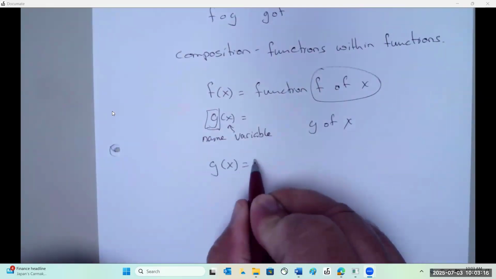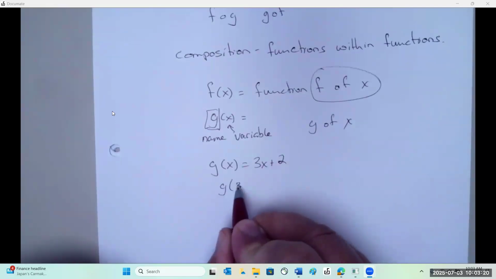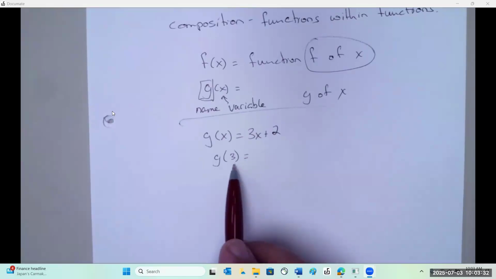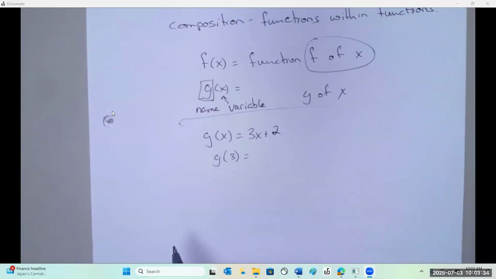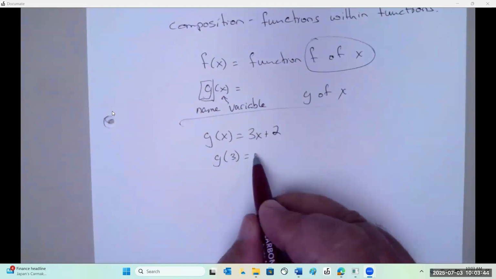So for example, if I gave you g of x is described as 3x plus 2, the way you would read this one is g of 3. G is the function name, of what? Of 3. In place of x, I put a 3.